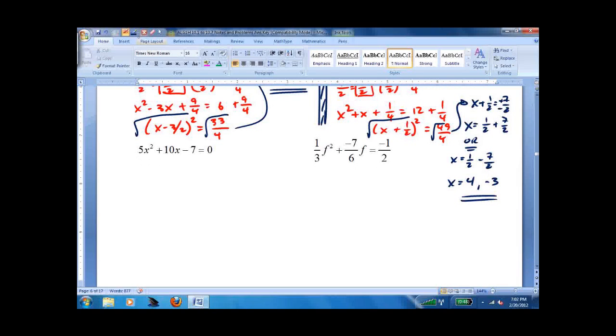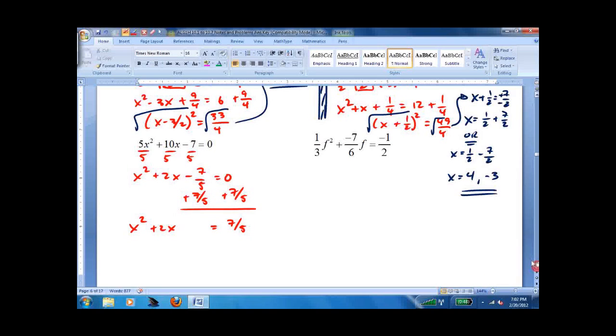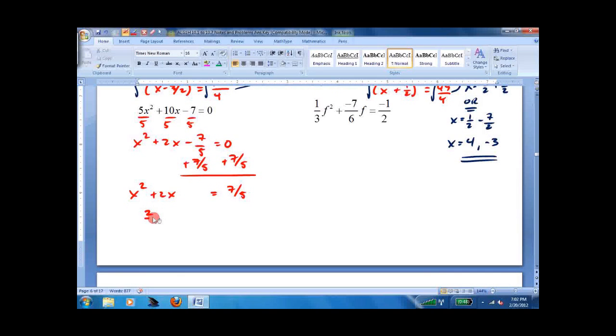Now the really challenging ones. Lots of ugly numbers. Not a lot of space to work with. So first things first, divide by 5. Move the 7/5 over. Take the 2, divide by 2. Take 1, square it. Add 1 to both sides.